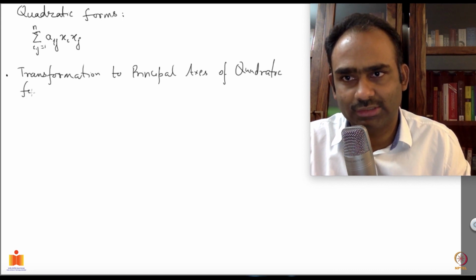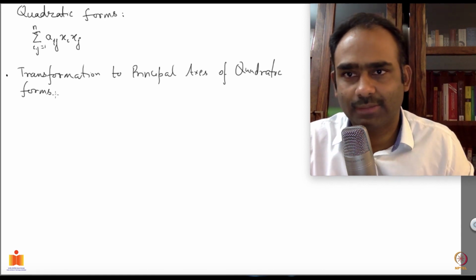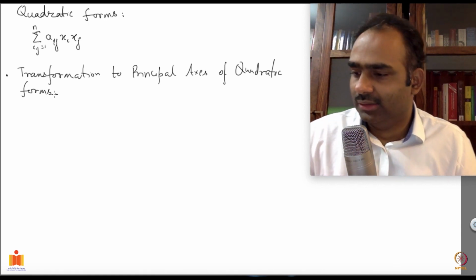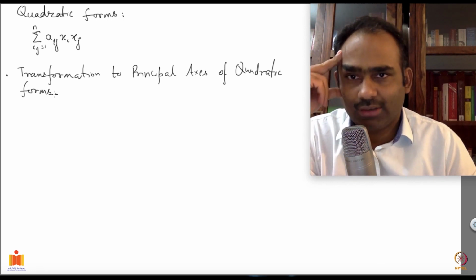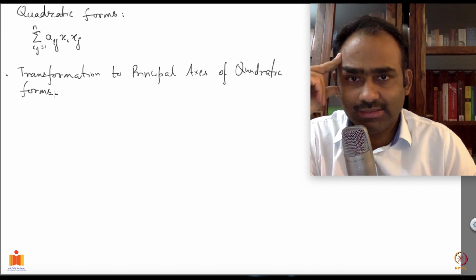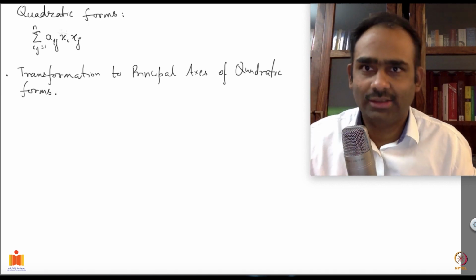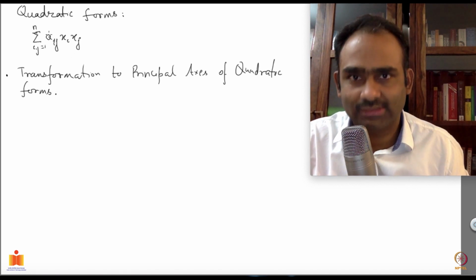That's what we want to discuss now. What I mean by this is that we can always choose axes such that the quadratic form here becomes a sum of squares.